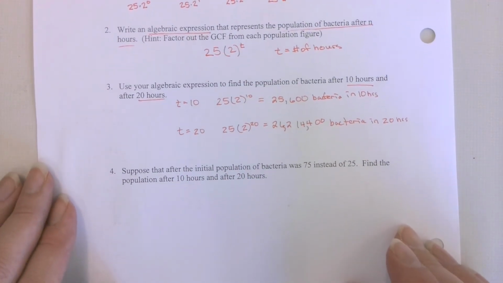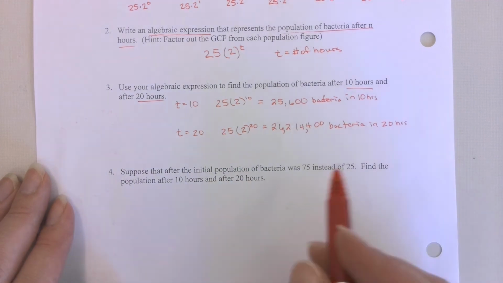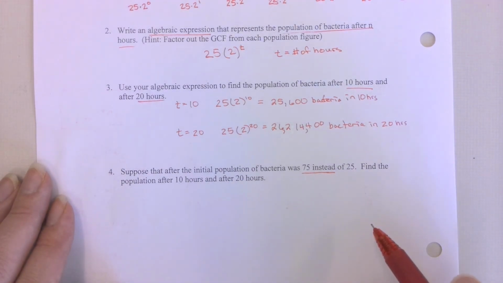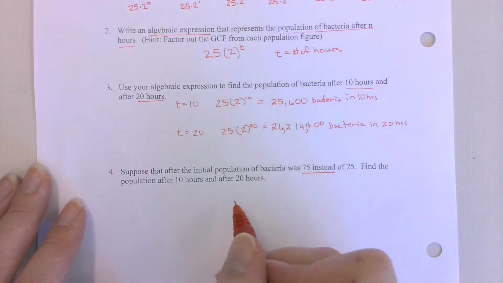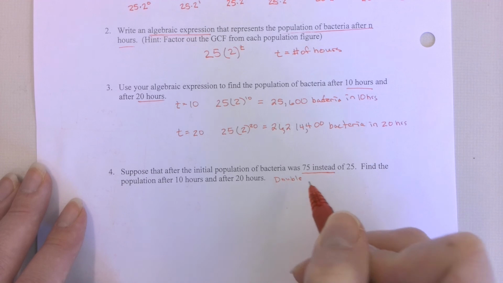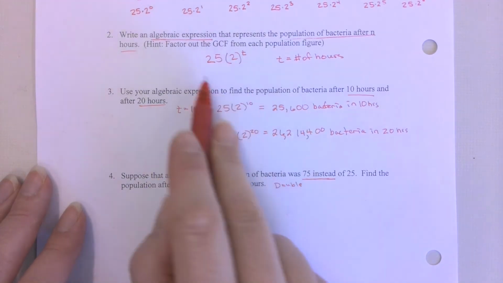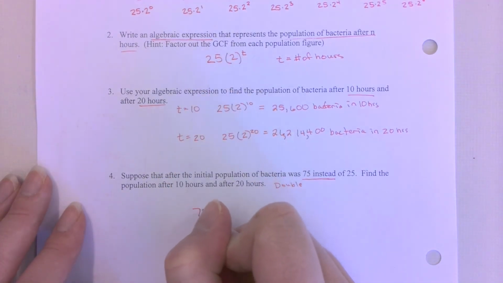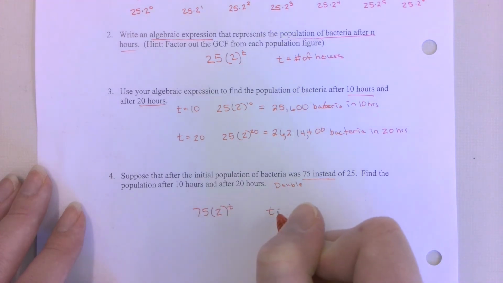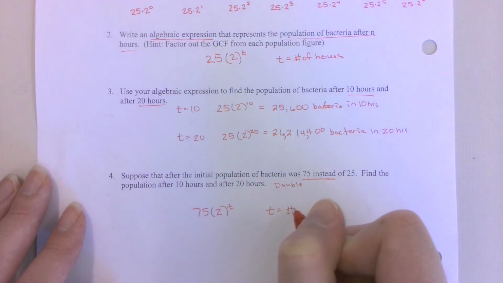We have the same idea, and this time we start with 75 bacteria instead of 25. Okay, so we still have that the bacteria is doubling. So the only thing that changes in my expression right here is I start with 75. It's still doubling every hour, and T stands for, again, time in hours.